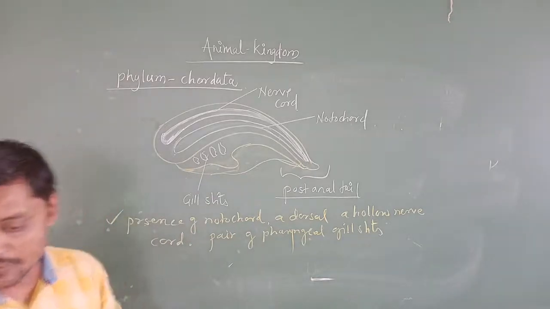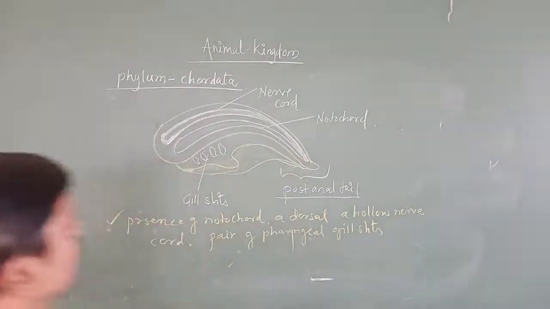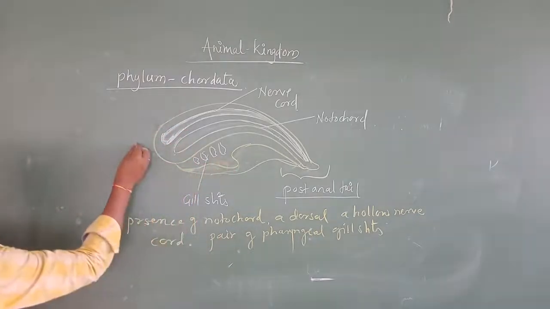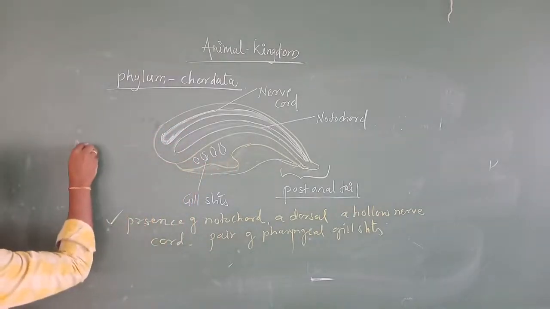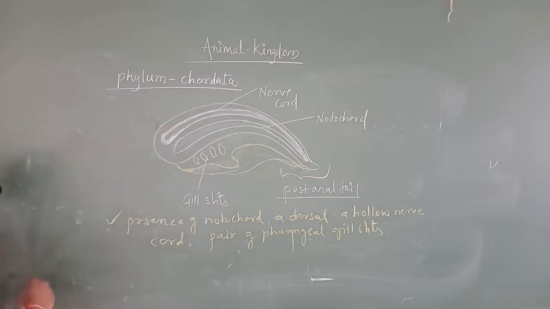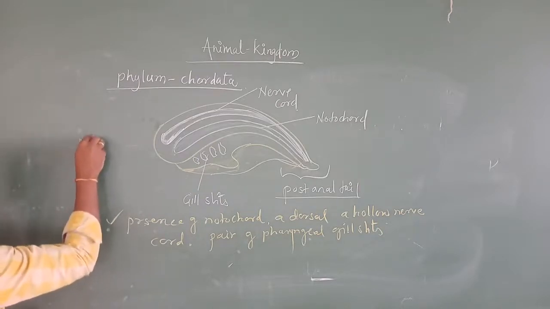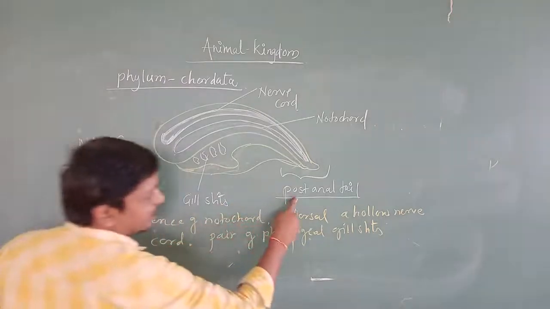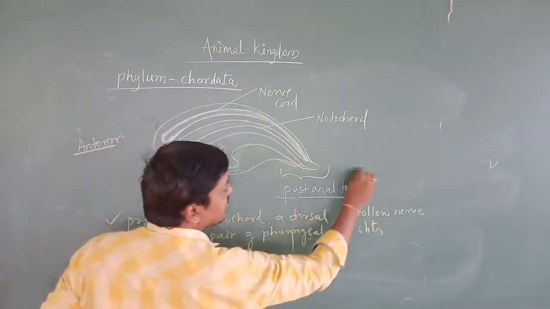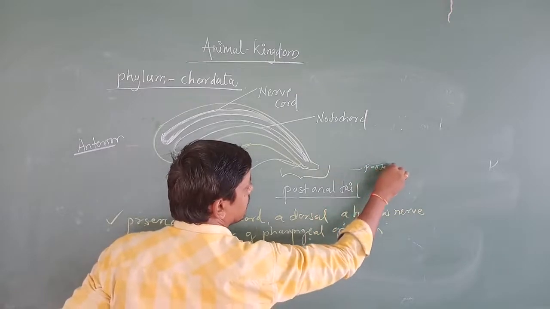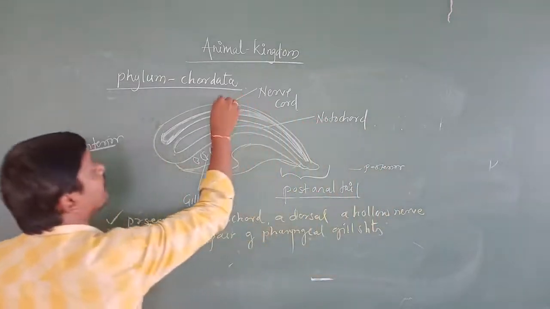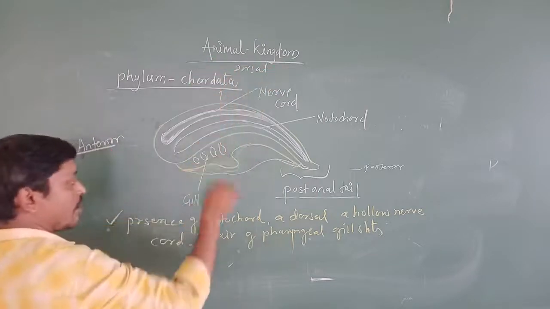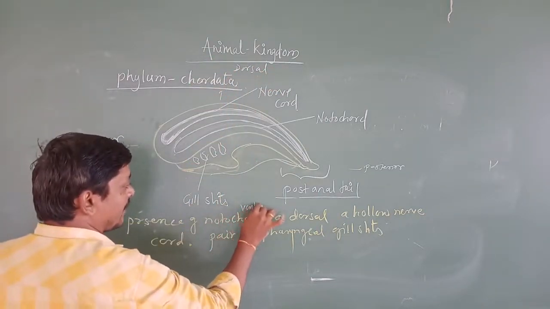Now here is another important thing. When you are looking at the animal structure, this front is the anterior end. I have written post-anal, in the sense this is posterior. Above this is dorsal, and this is ventral.